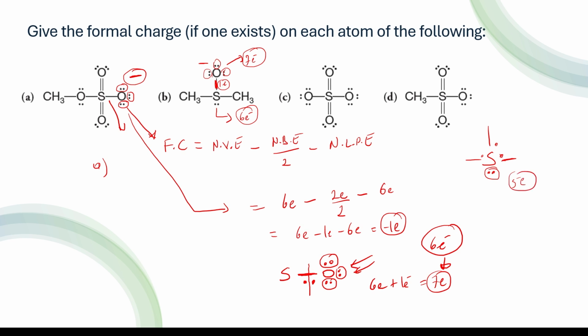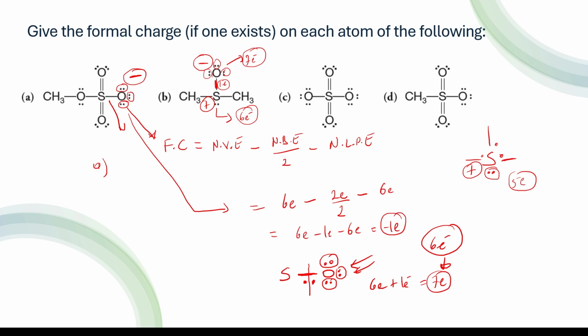But we know that in the neutral state sulfur has 6 valence electrons, so this one has 1 missing electron, meaning that it should have a positive formal charge. So this one has a positive formal charge, and this oxygen has a negative formal charge.